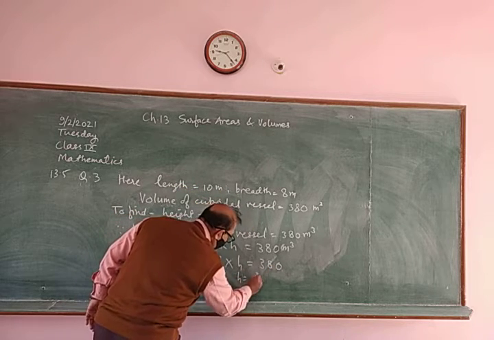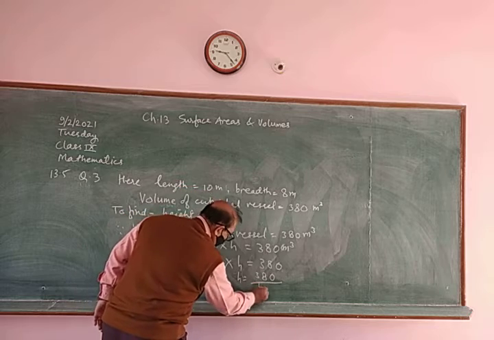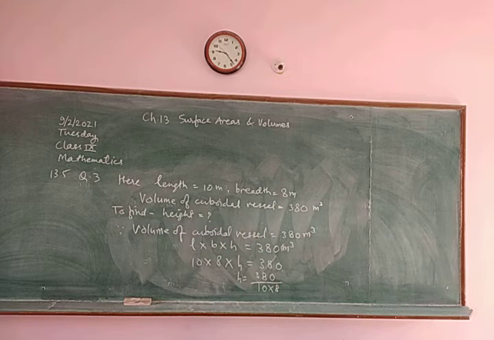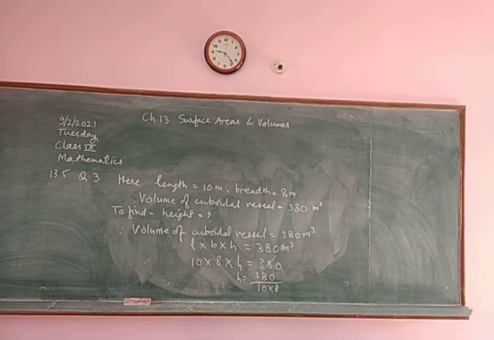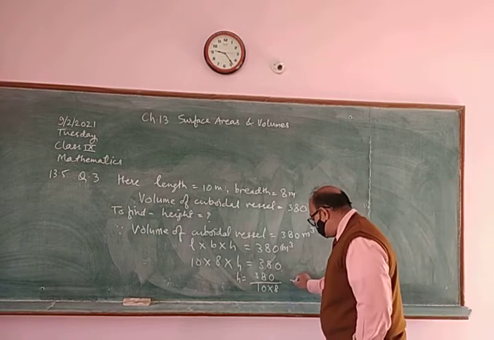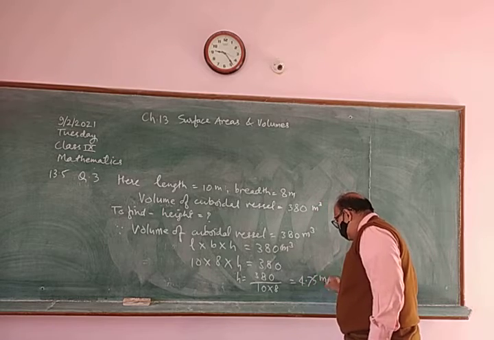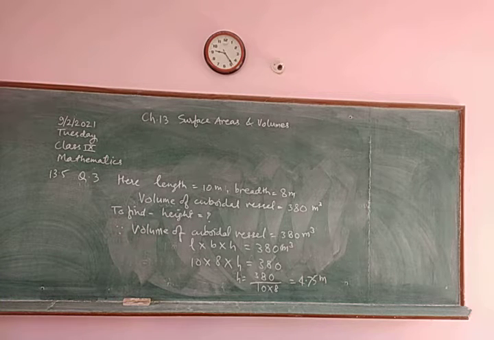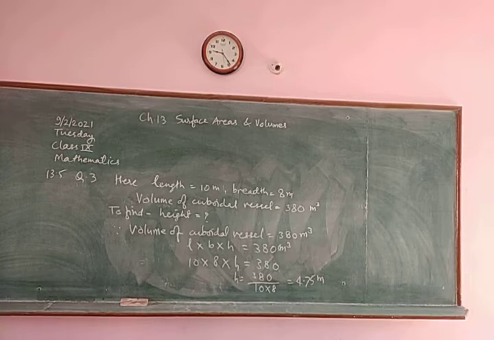So H is equal to 380 upon 10 into 8. What is the height? 4.75. This is the answer of the question.